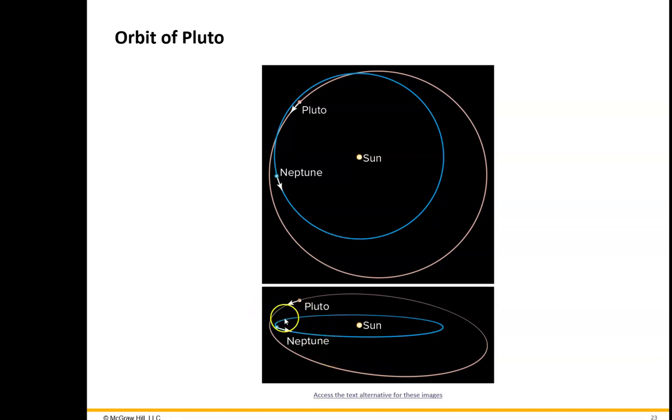The other thing, which this slide down here shows better, is that Pluto does not follow the plane of the solar system. It's tilted greatly with respect to it. I remember a number, something like 16 degrees, but I would have to look that up exactly. Remember, all the planets are more or less in the same plane, the ecliptic that the sun follows.